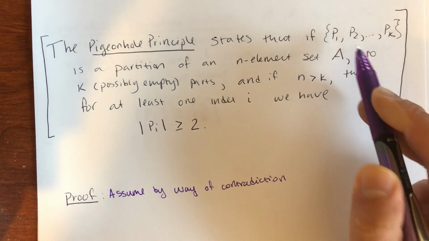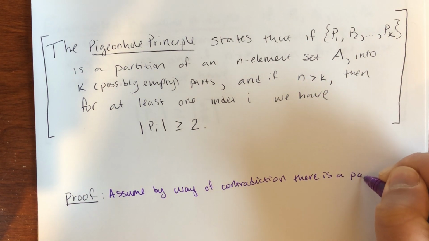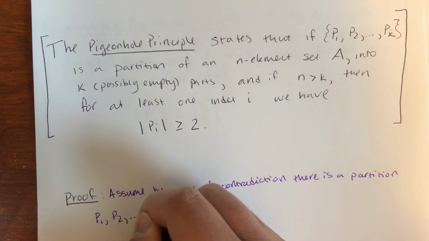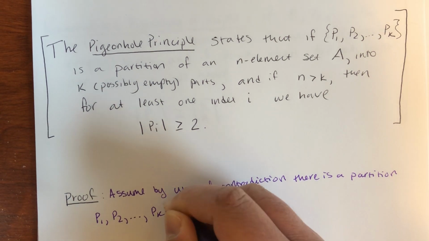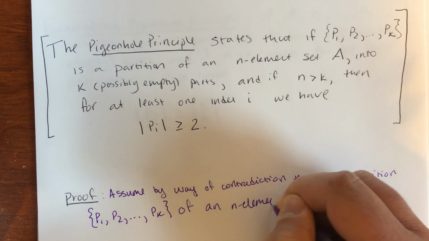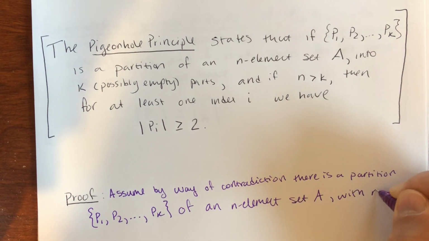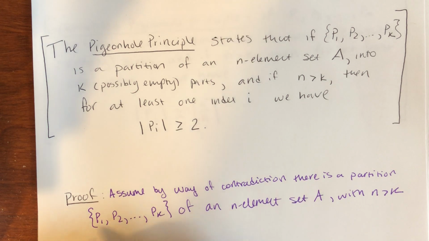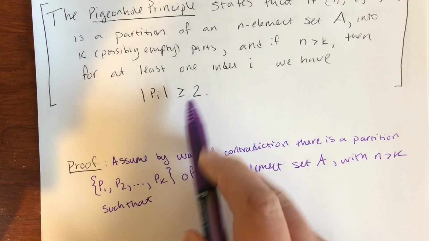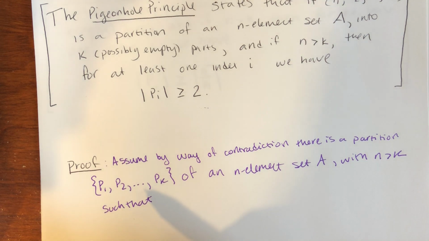In other words, assume that there is some partition P1 through Pk of an n element set A, with, again, n greater than k, more elements in A than there are parts, such that this statement is not true, such that it's not the case that the cardinality of Pi is greater than or equal to 2 for some i.